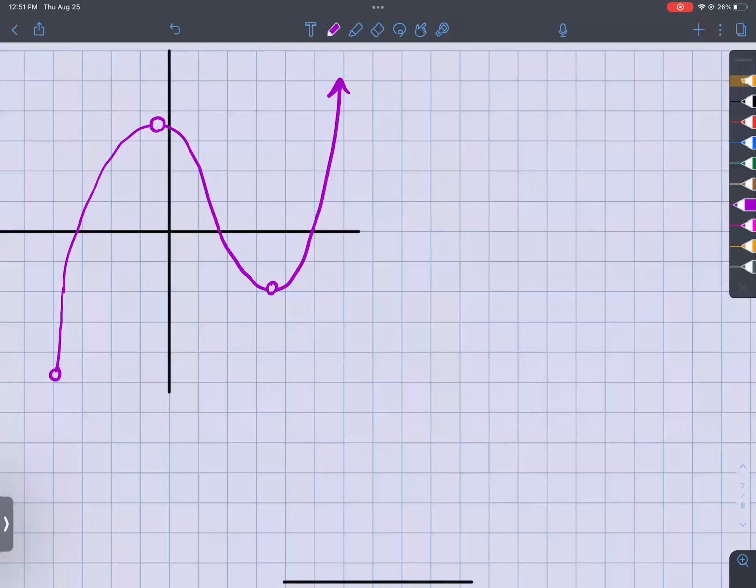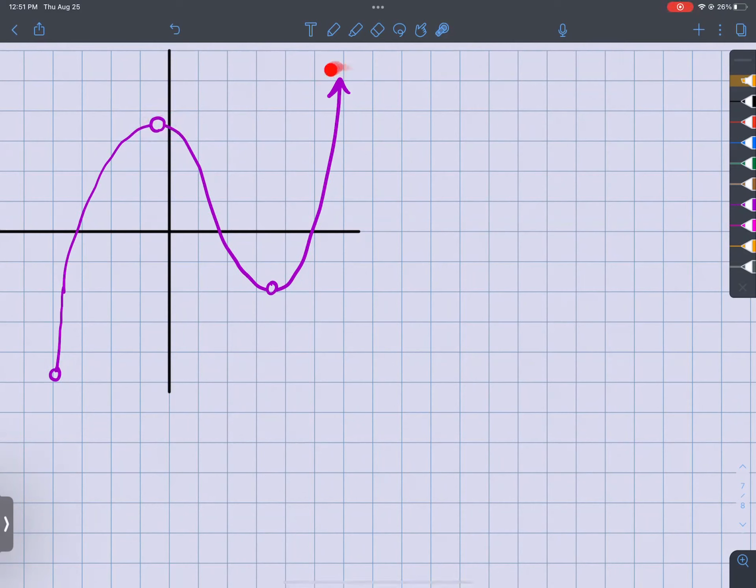Is there a highest point? The answer is no. Because we can look at this as a highest point, but it's not. It's not a peak either, because it doesn't exist. Because it's an open circle.